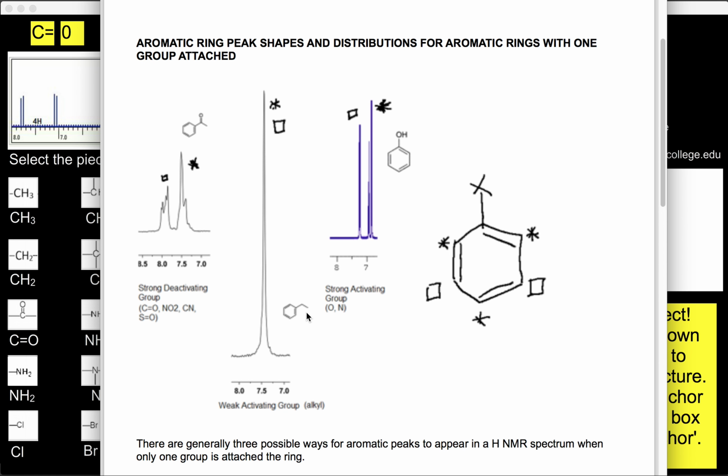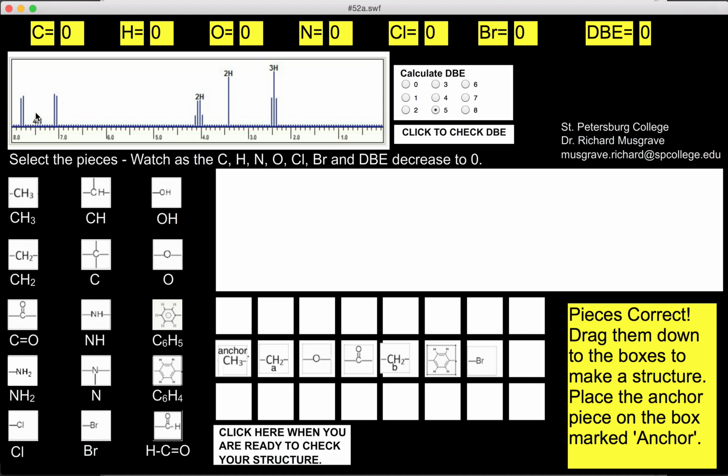When there is an alkyl group attached to the aromatic ring, you'll notice that it's just a single peak, and it's going to be somewhere between 7 and 7.5 ppm. Now because this peak is over here near about 7.8 ppm, I would say that the C double bond O has to be connected to the aromatic ring, and I would be inclined to leave it like that.